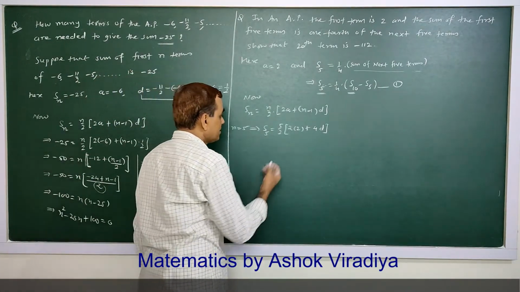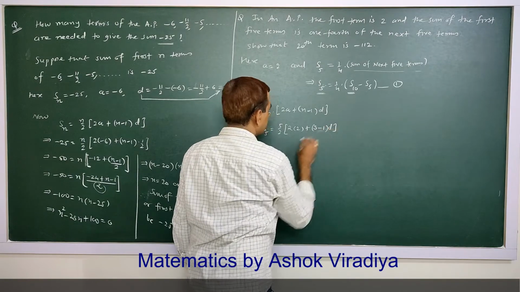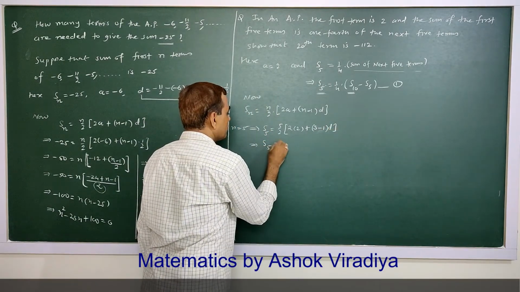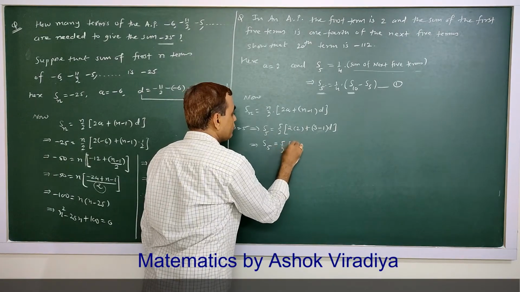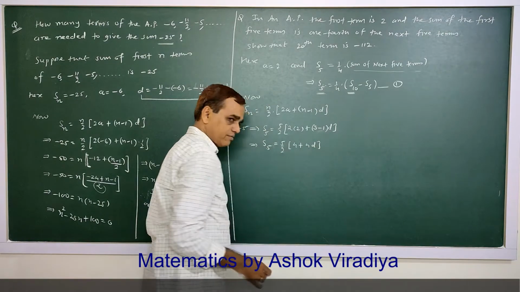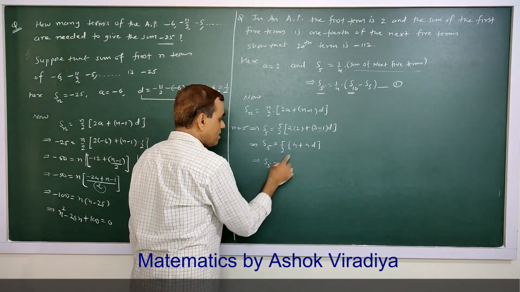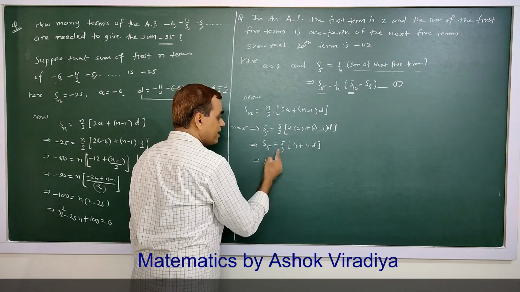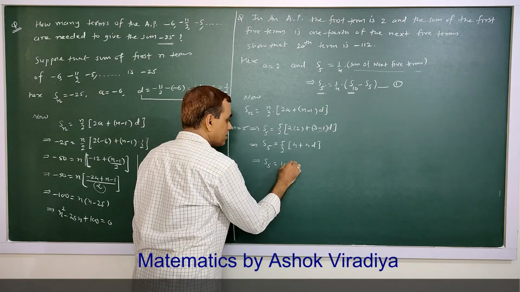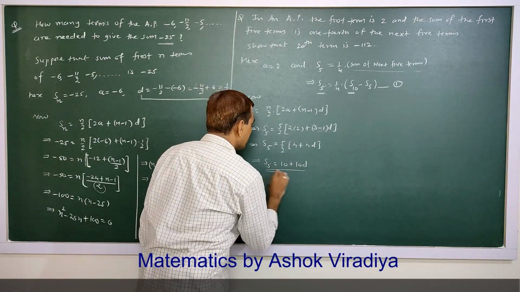So S5 is 5 by 2 into 4 plus 4d. Taking 4 common, 4 divided by 2 is 2, so that is 10 plus 10d. So this is S5.